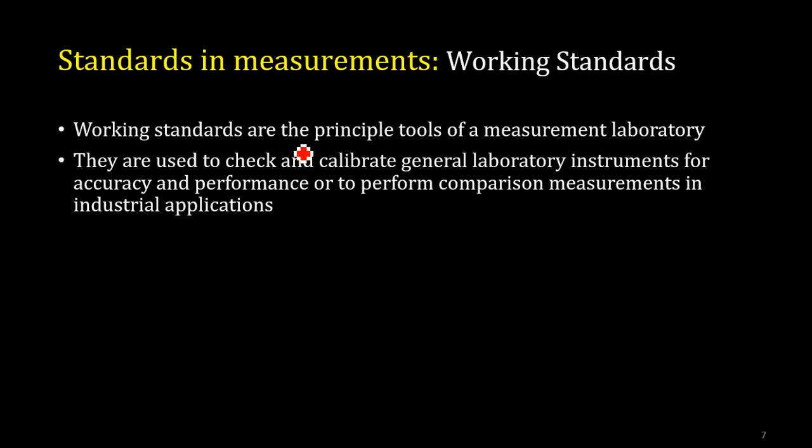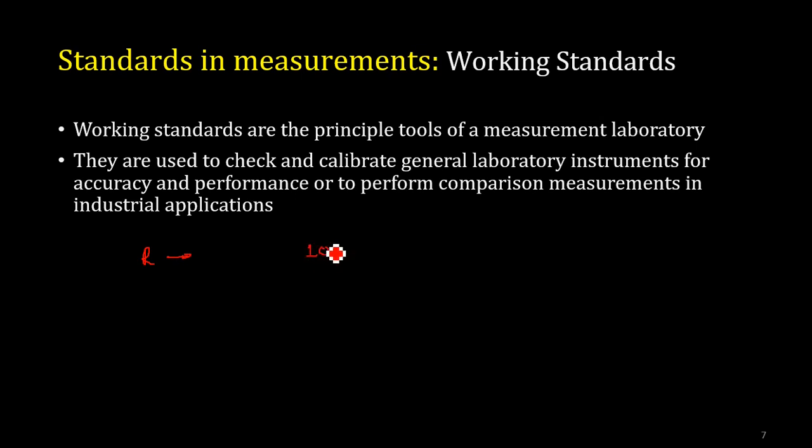Then ultimately you have the working standard, which is the principal tool used in a general laboratory. These are used to check and calibrate the general instruments that are used in different laboratories and also in industries. Suppose in an industry you are trying to manufacture a resistor.